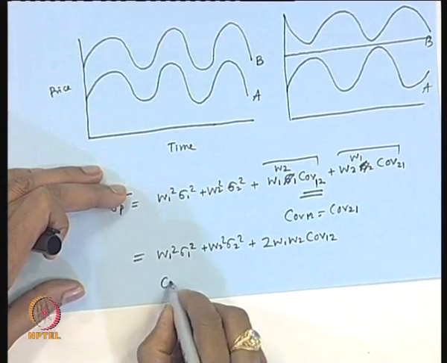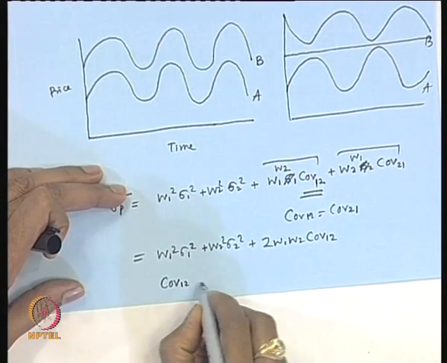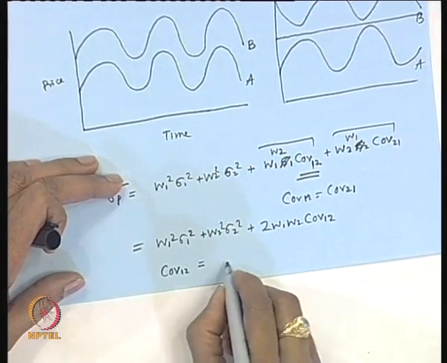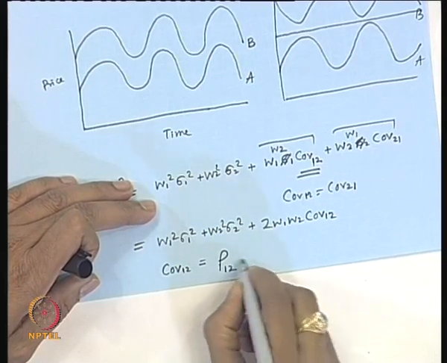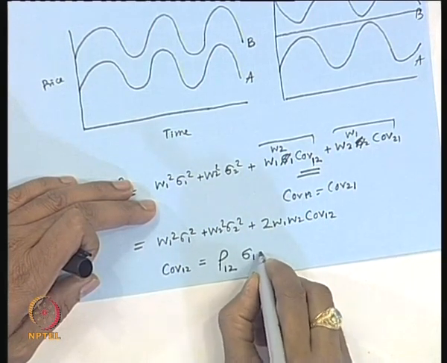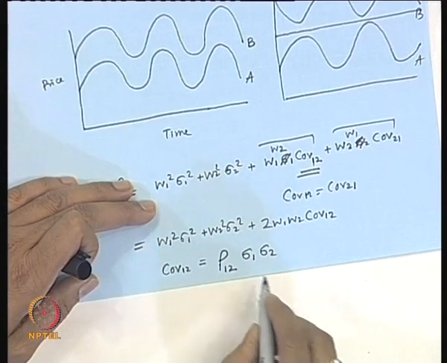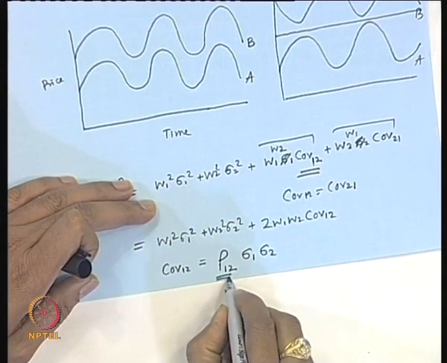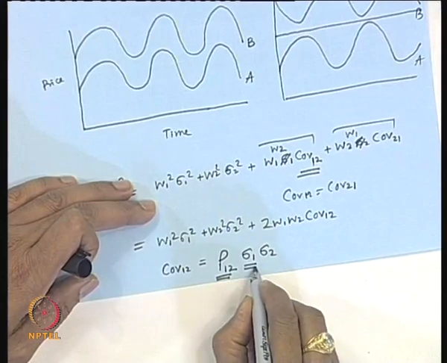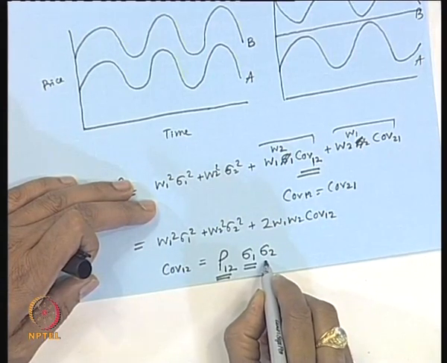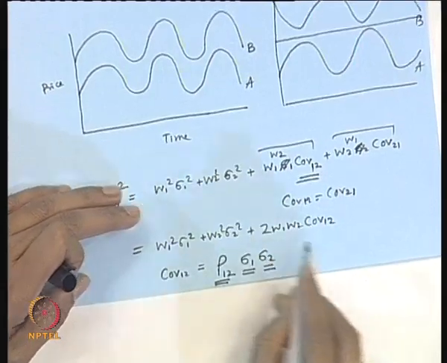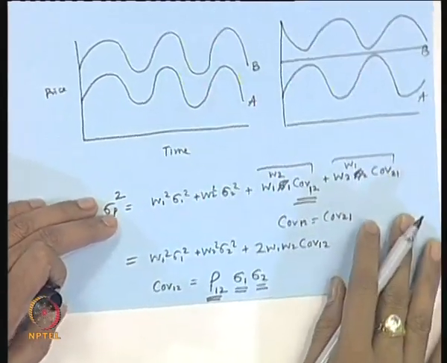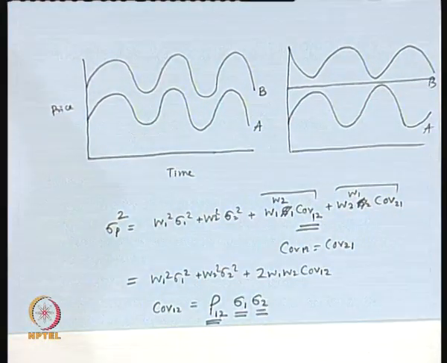This covariance between two stocks' returns depends upon the correlation between stock 1 and stock 2 returns and the standard deviation of 1 and standard deviation of 2. So, if somebody has the correlation between the stock returns and the individual standard deviations of the returns of stock 1 and stock 2, there is no need for a separate calculation; one can replace this with the covariance of the stocks.